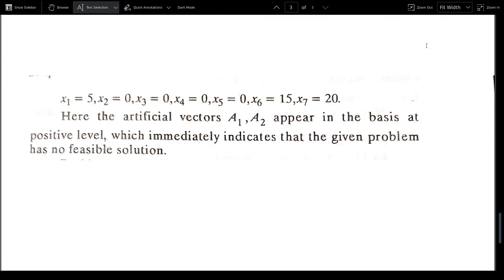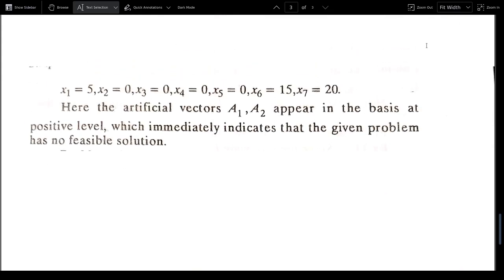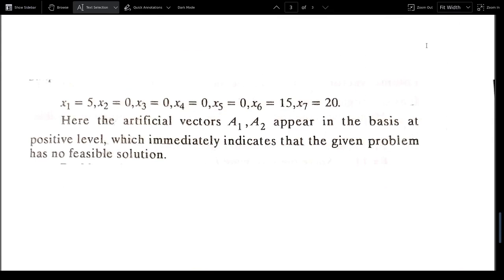Here the calculation of the table is the same as earlier. New element equals old element minus the intersection of key row and key column, divided by the pivot element. Remember, M is a large positive number, right?